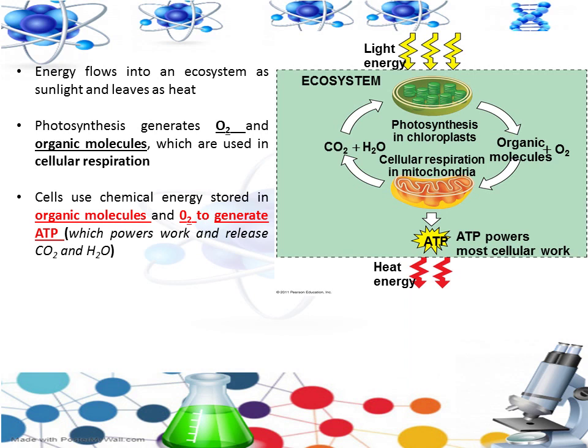It will produce oxygen, and oxygen will be used by living organisms to carry out cellular respiration. It will combine with sugar, glucose, and then produce adenosine triphosphate, and also produce carbon dioxide and water. And what happens to the carbon dioxide and water? The carbon dioxide and water will be used by the plants in order to make photosynthesis.